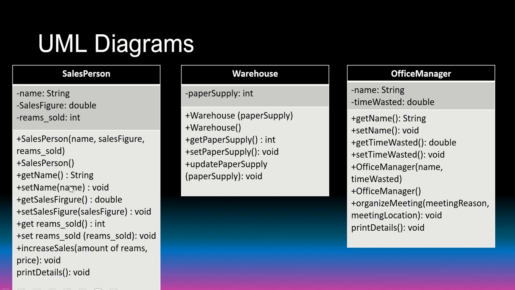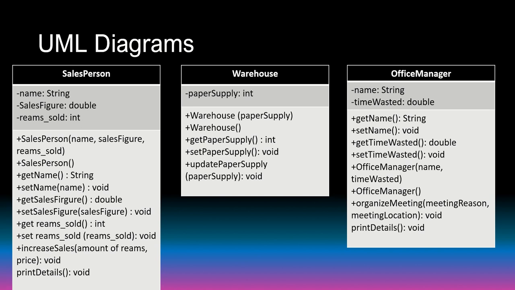So this method has an argument where we have to supply what we want the new value to be, and its return type is void. It's not returning anything, it's just changing the value of one of our attributes. So we have our set name, set sales figure, and set reams sold methods that will allow us to change the value of these attributes.